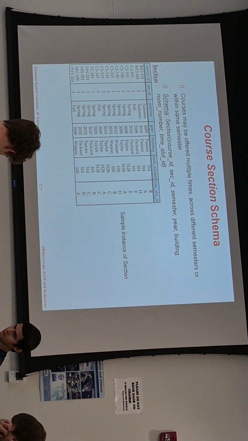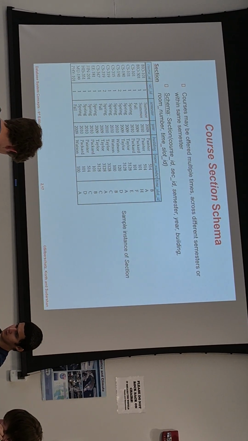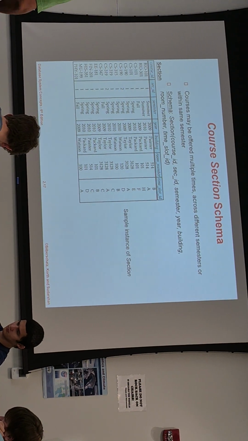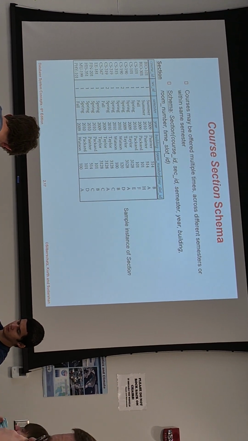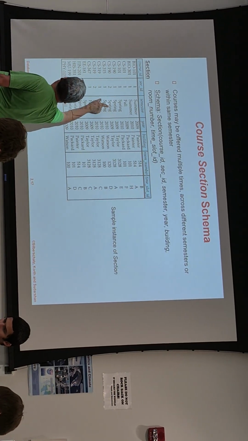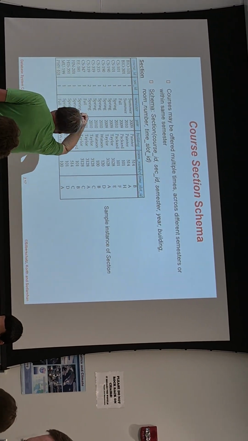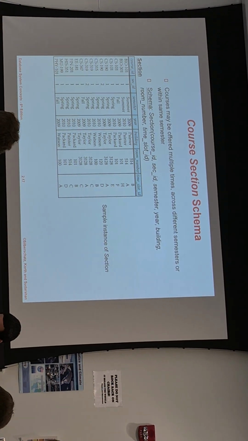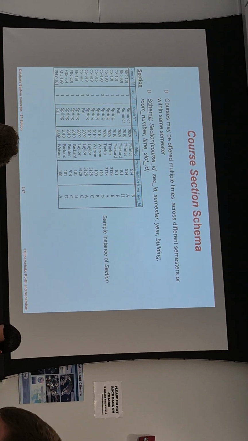We can see that during some semesters, where the value for semester is the same and the value for year is the same, we're going to see section IDs be different. So CS 190 sections 1 and 2 both take place in spring of 2009. So I talked about that already. Nobody has any questions about that, right? Don't want to beat a dead horse.